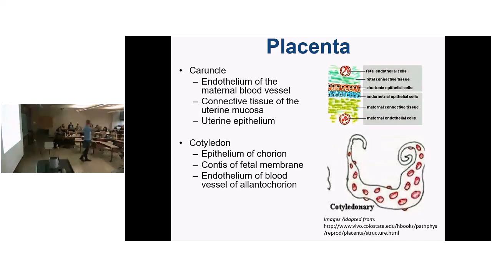Either the zonary, the discoid, or the cotyledonary. So you see here, this is the external side. You will see that there are vessels connecting all of them. And eventually those vessels get together and form one big one. The big one is the umbilical cord. The umbilical cord eventually reaches the baby, okay? And that's where all the transport of things happens.